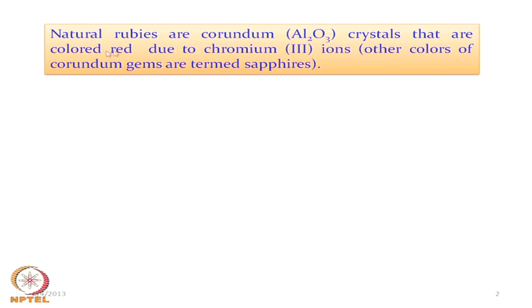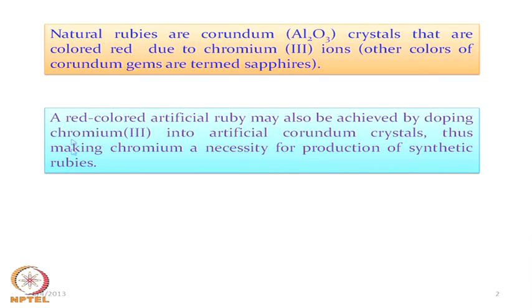This particular red color is not available all the time, but due to the presence of chromium we can have some other colors also, and these corundum based gems can be termed sapphires if the colors are different from the red color of the ruby. A red colored artificial ruby may also be achieved by doping chromium 3 into artificial corundum crystals.